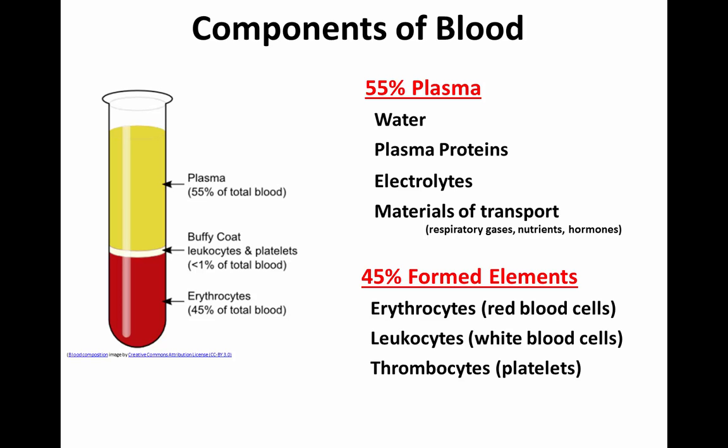We begin first with the components of blood, which is a mixture of liquid and solids. 55% of blood is the liquid portion known as plasma.